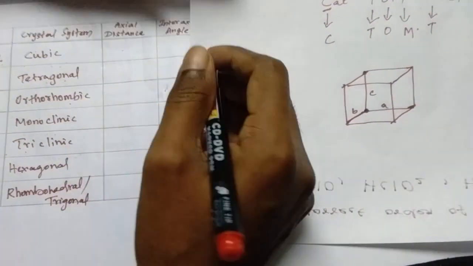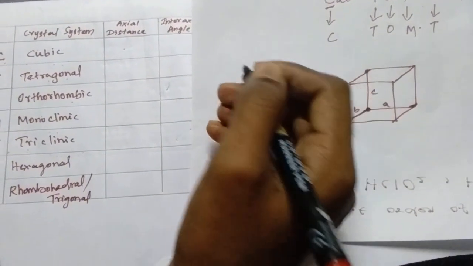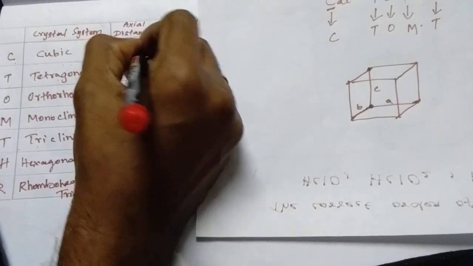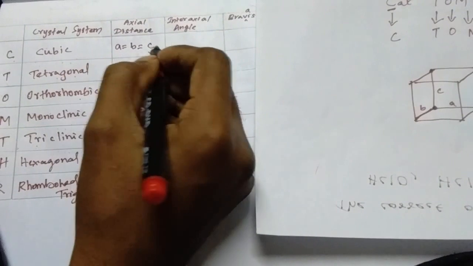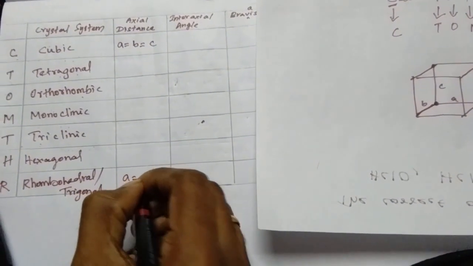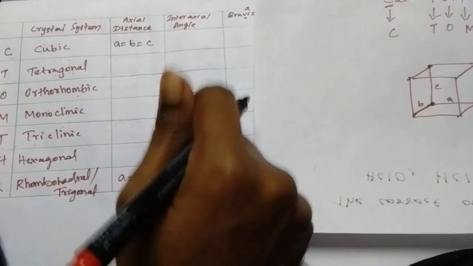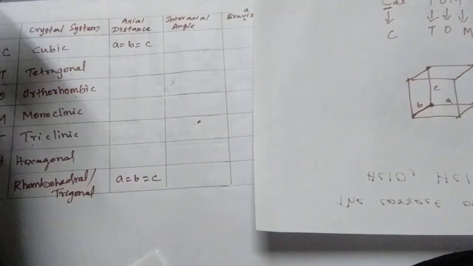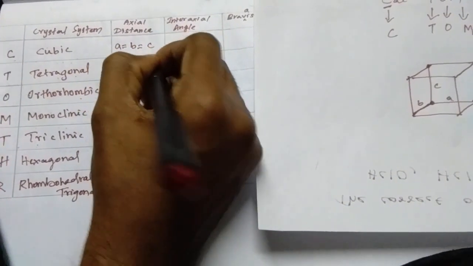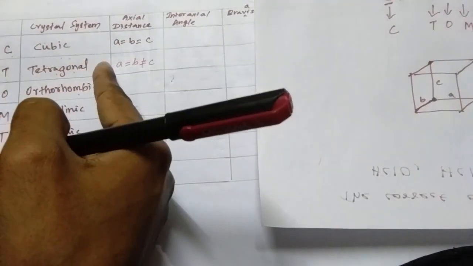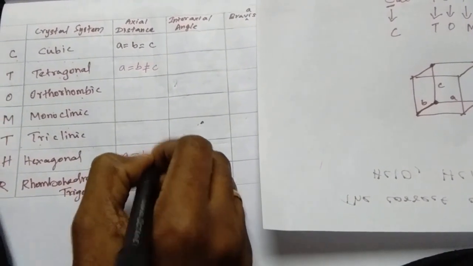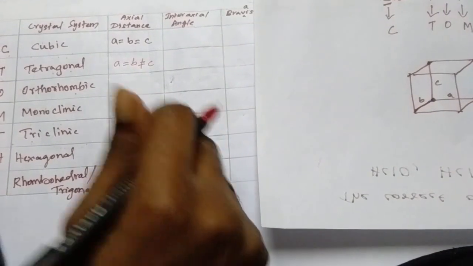Based on this, I am going to use the pattern here. For cubic and rhombohedral, A equal to B equal to C; both are the same. Then A equal to B not equal to C for tetragonal and hexagonal; both are the same.